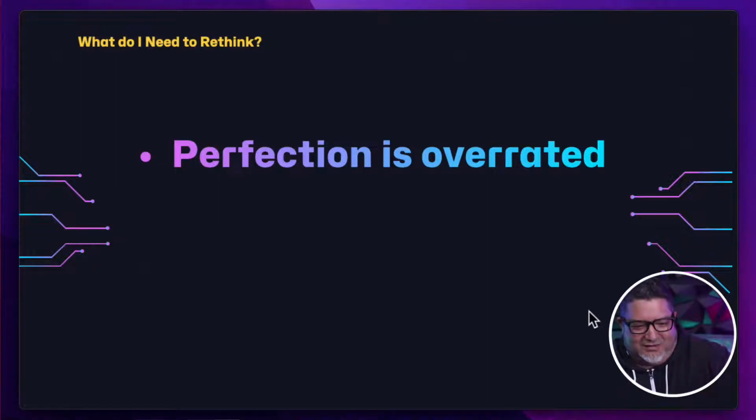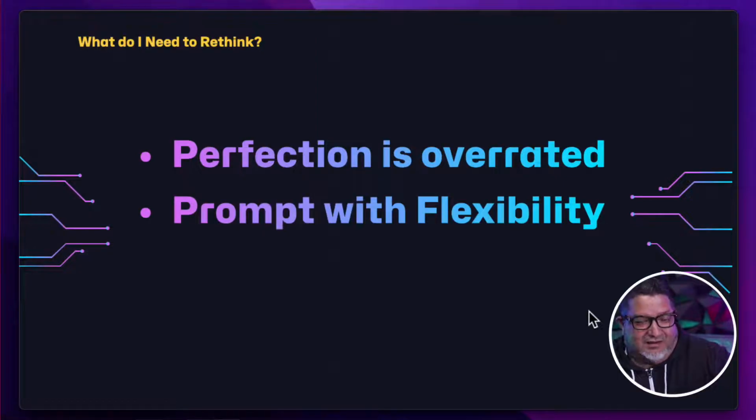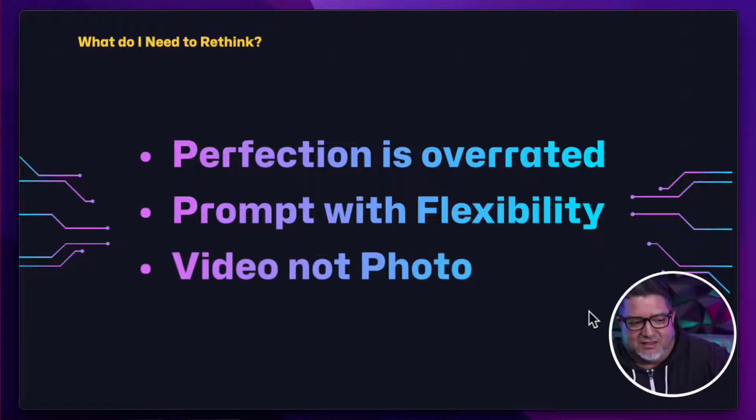The other thing, which is related, is that I now prompt with flexibility as opposed to thinking I have a very specific thing in my mind. I start with a very simple prompt and see where Midjourney takes me, and I'm completely fine with that. As I mentioned, since the upscalers are so good, one of the things I need for a lot of what I produce is little pictures of me with expressions, which would be difficult for me to do by myself.